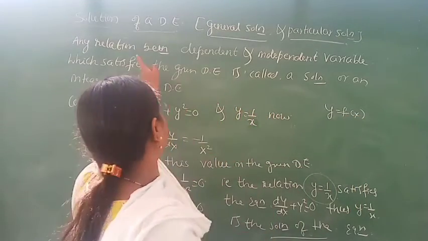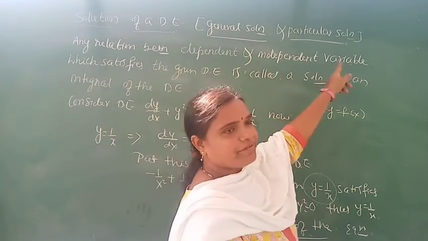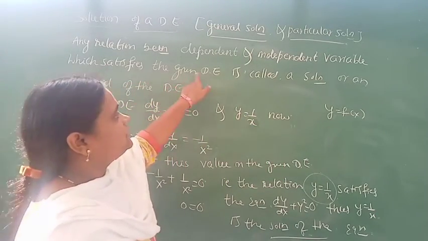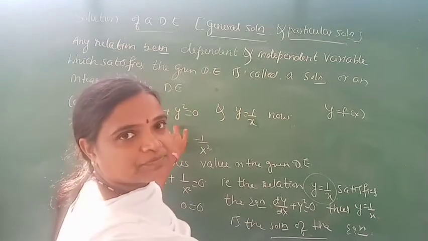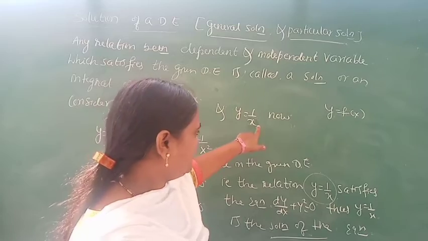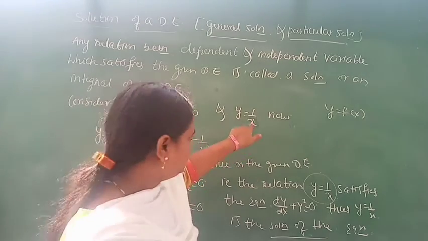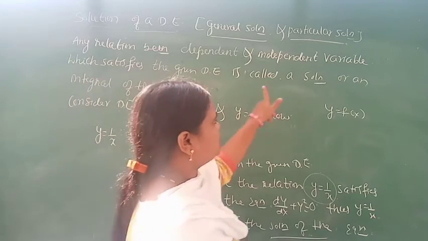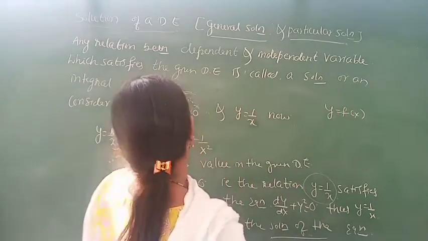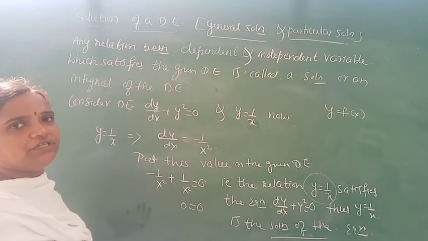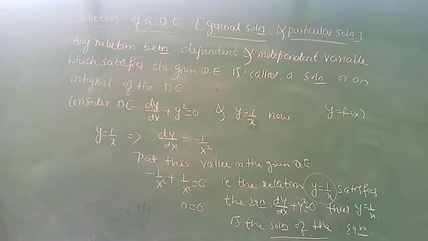Therefore, any relation between dependent and independent variable which satisfies the given differential equation is called a solution or an integral value of the differential equation.